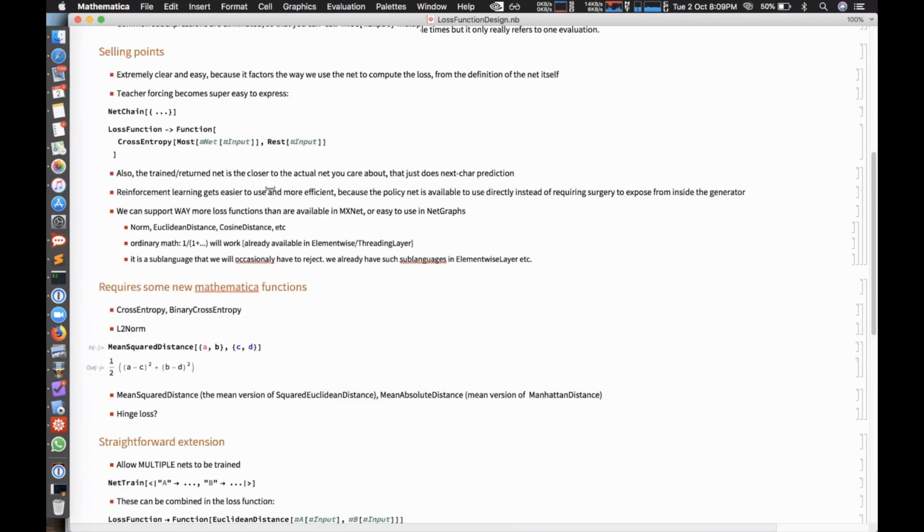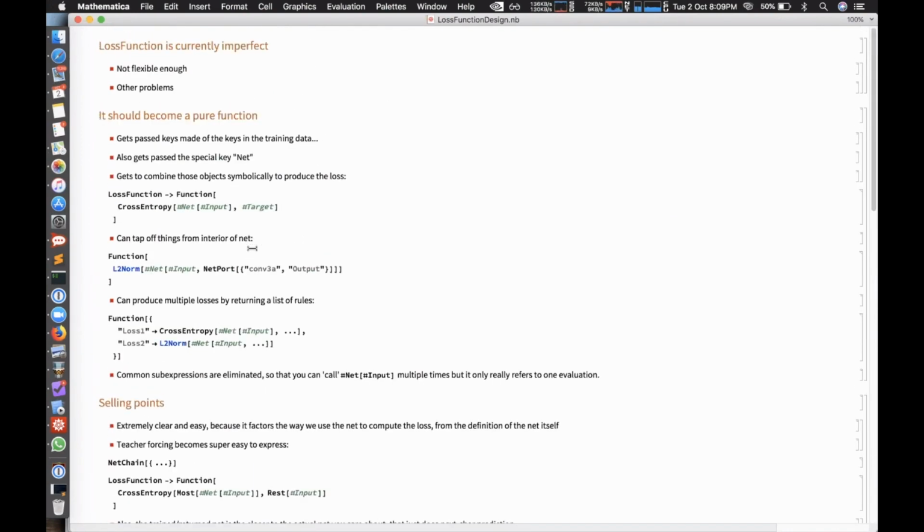One of the reasons NetFunction is such a big project is that it requires us to port a lot of the innovations, I guess you could call them, from the neural net side of things into the language itself. A good example would be what we're doing with MapThread.